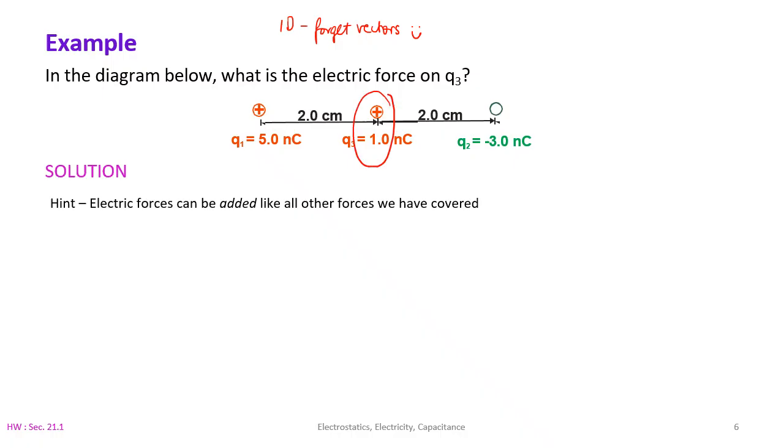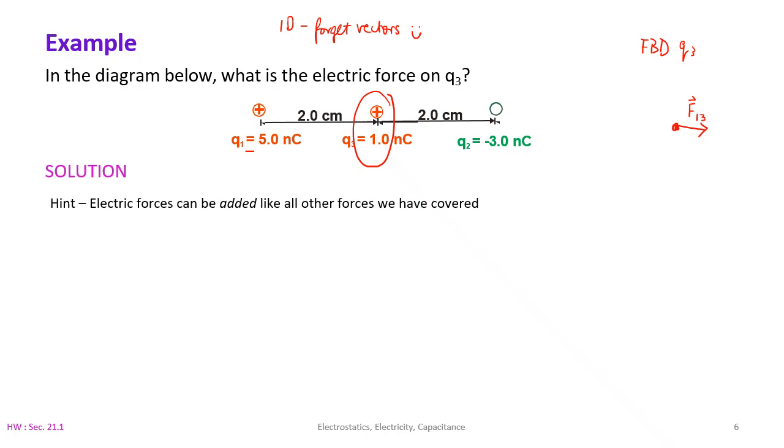So that means let's do a free body diagram of charge 3. Okay, so we have a positive charge, Q1, to the left. So that means we're going to have a repulsive force. So this force will be force F13.